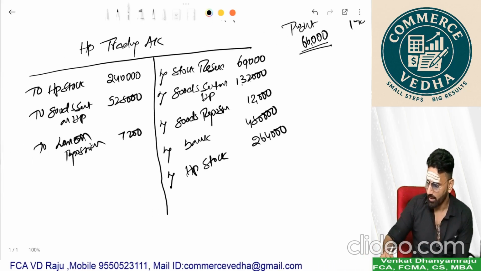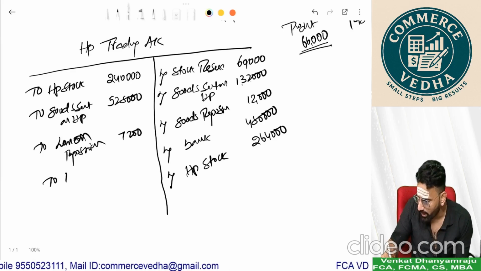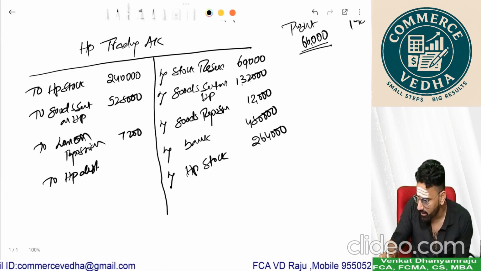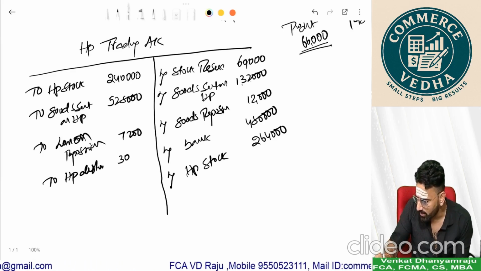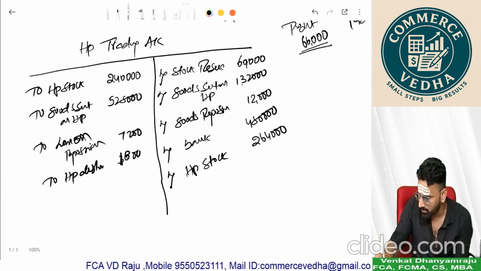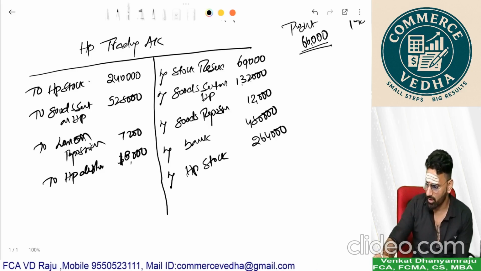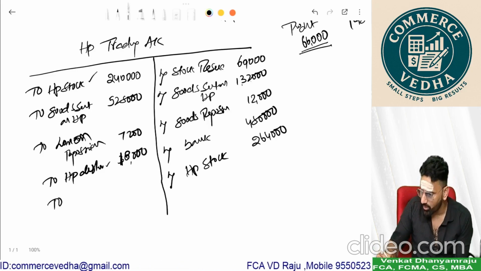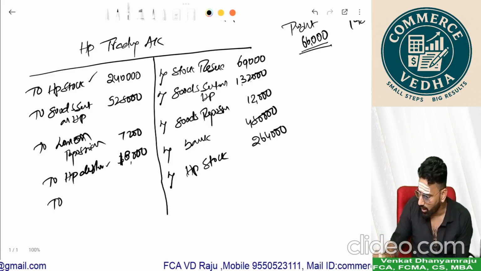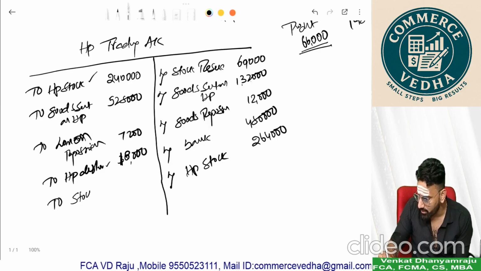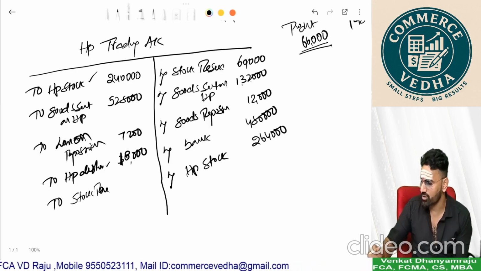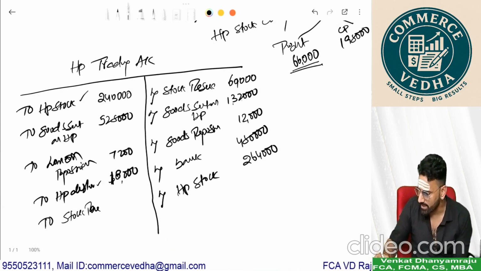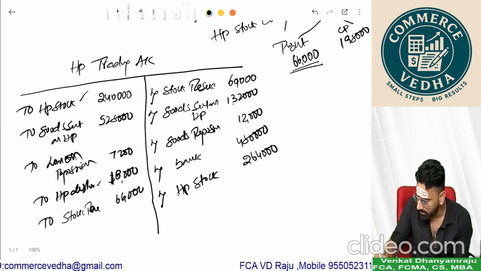And here we missed one more thing, to hire purchase debtors, which is 18,000. Debtors, opening stock, opening debtors. Then to loading stock reserve, stock reserve and closing stock. We completed here 66,000.